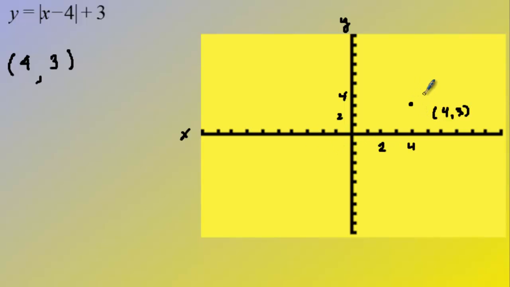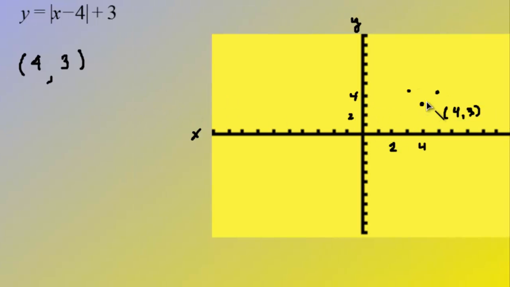So I'm going to go up 1 over 1 for that ray, and up 1 over 1 for this ray. Now I have my vertex and I have the slope of the ray, so I'm going to go ahead and draw this. Let me try that again, because that didn't quite work the way I wanted it to. There we go. So that's going to work here and here.